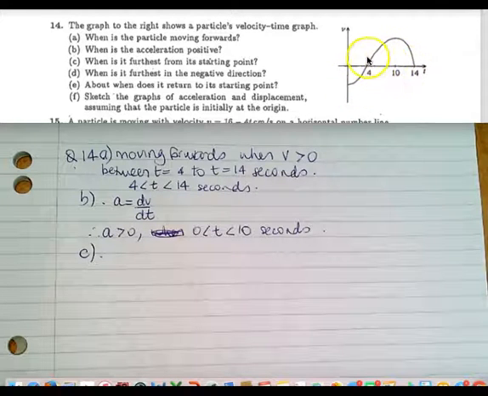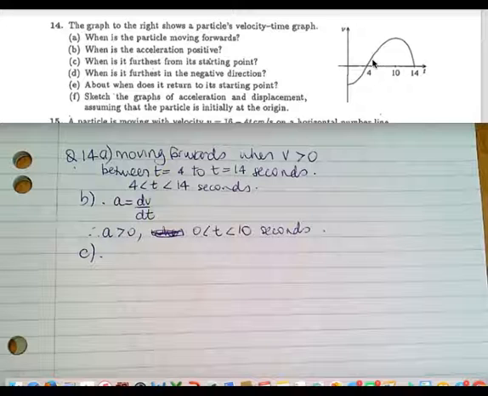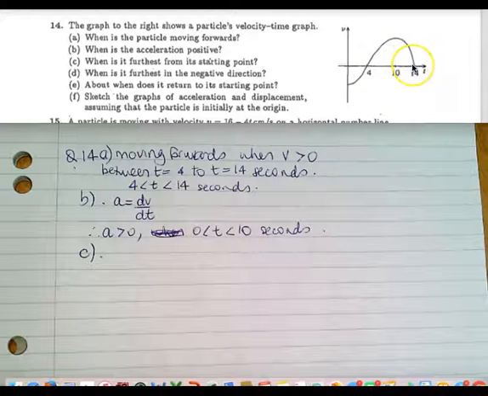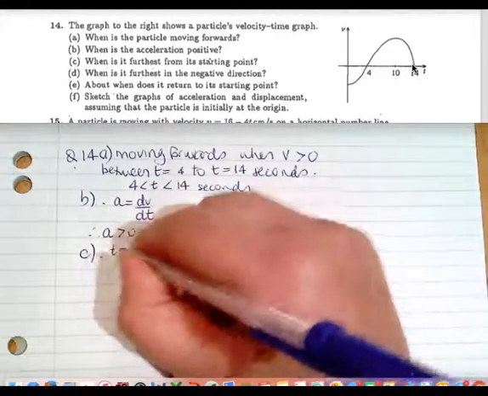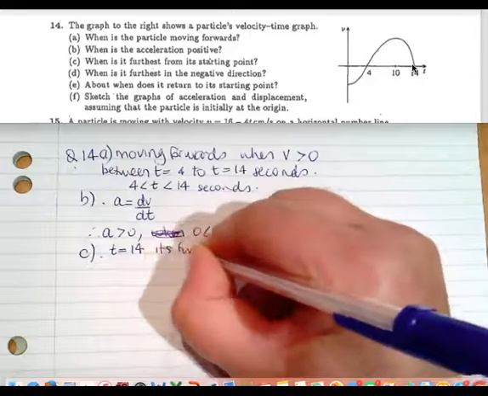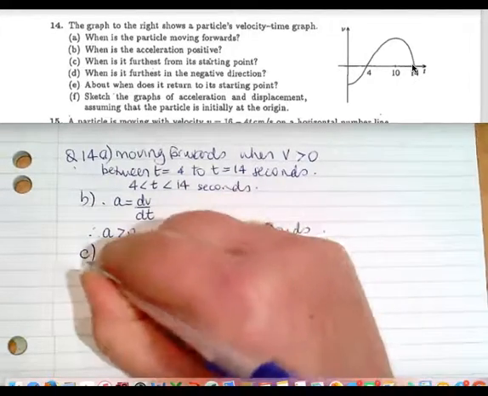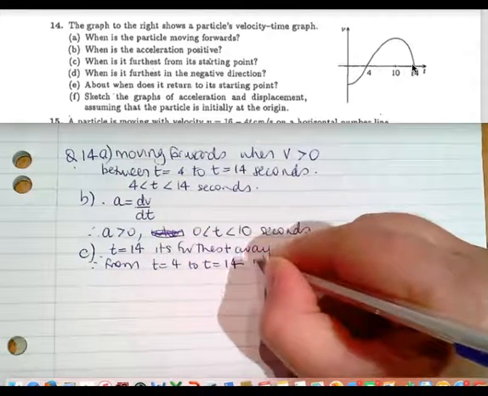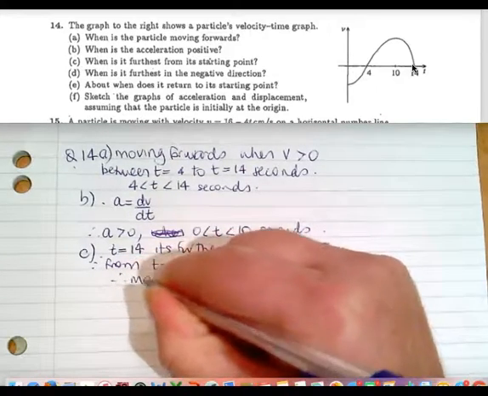Okay, so from 4 seconds to 10 seconds, the particle is moving to the right, away from the starting point, and so it would be furthest from its starting point at t equals 14. At t equals 14, it's furthest away from the starting point, and that's because from t equals 4 to t equals 14 we have positive velocity, therefore it's moving to the right.